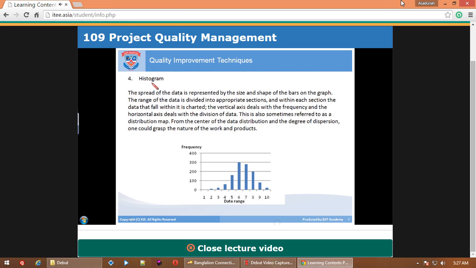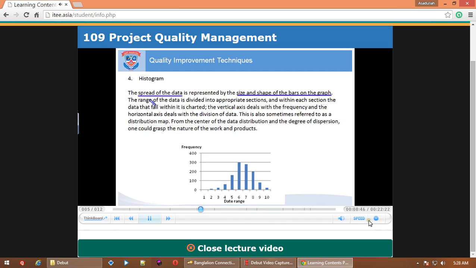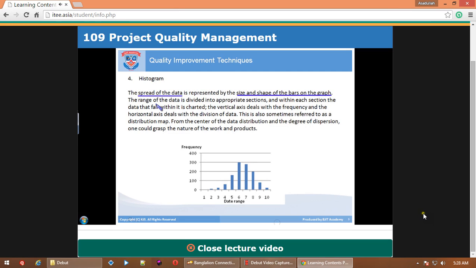Another technique is the histogram. In this technique, we basically show the spread of the data by the size and shape of the bars on the graph. The range of data in this histogram is divided into appropriate sections, and within each section the data that falls within it is charted.